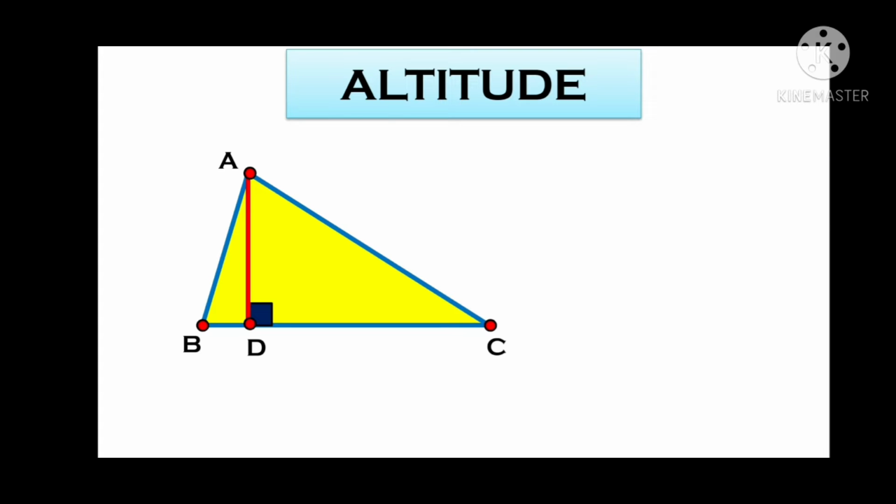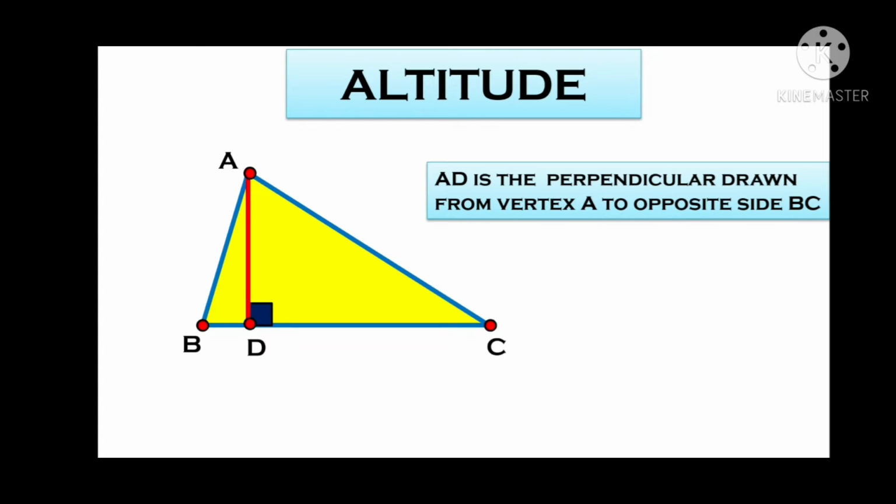So AD is the perpendicular line segment drawn from the vertex A to the opposite side BC. So AD will be called the altitude. So AD is the altitude of this triangle ABC.